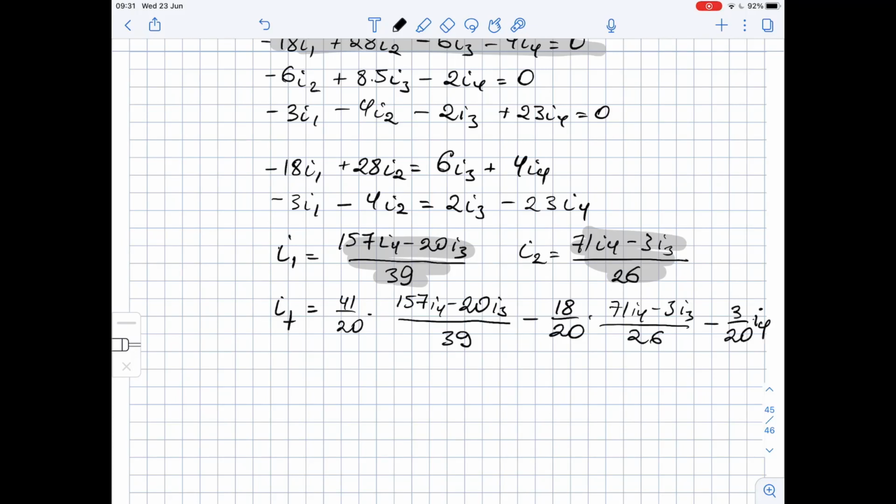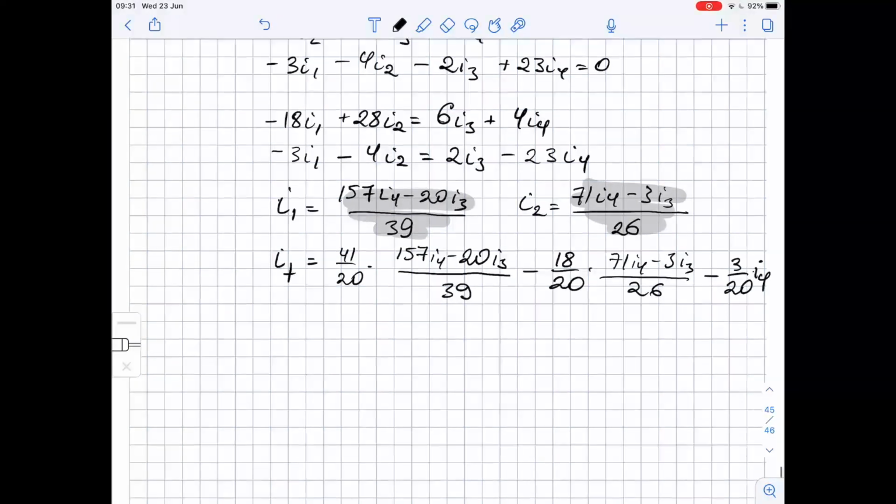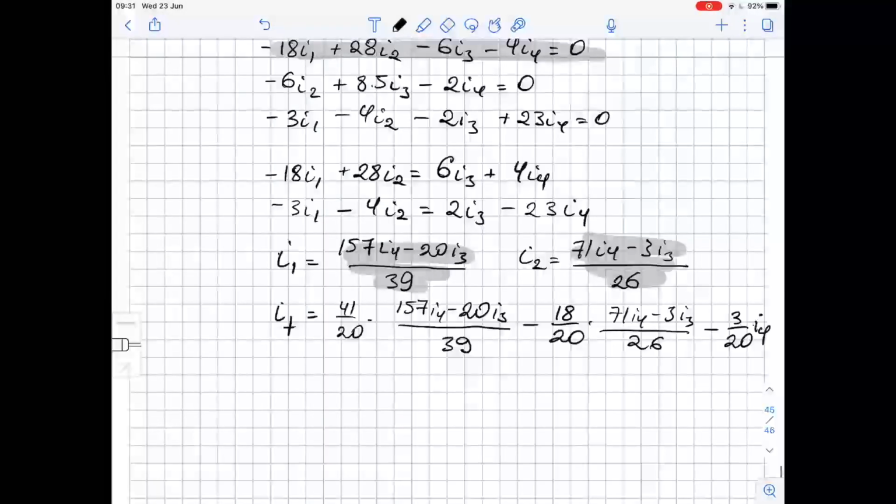So basically here we just substitute the expressions for I1 and I2. Great. So now since we have I1 and IT, we can write down VT.